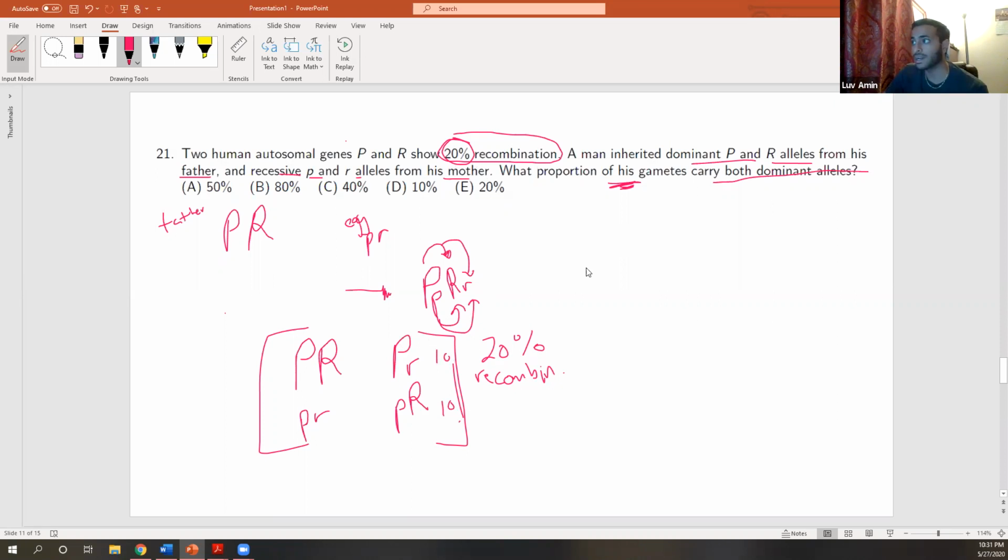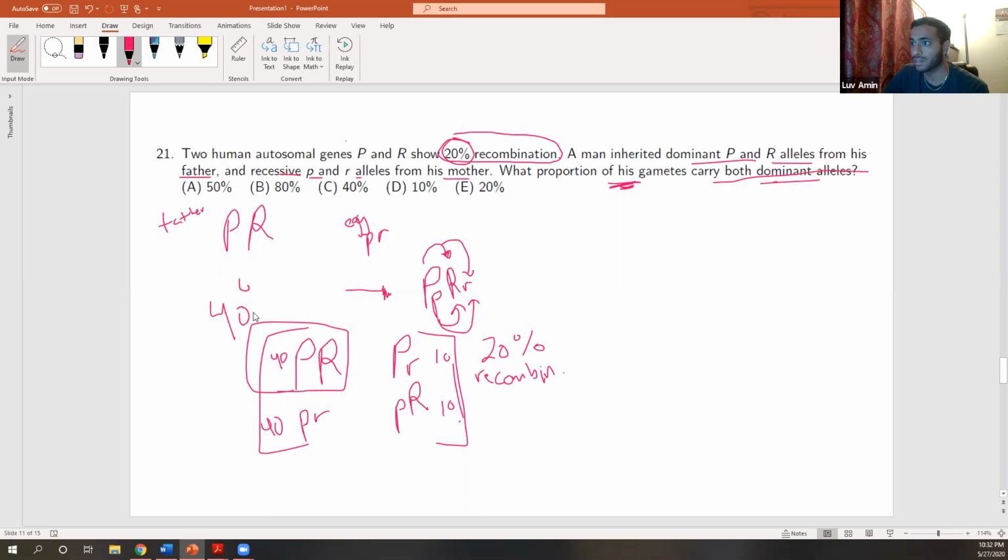Now, we're not talking about that. We're talking about dominant alleles specifically, right? And so what proportion of his gametes would show dominant alleles? Well, you'd look at the big P right here, which is basically 40%, because these carry 40%.